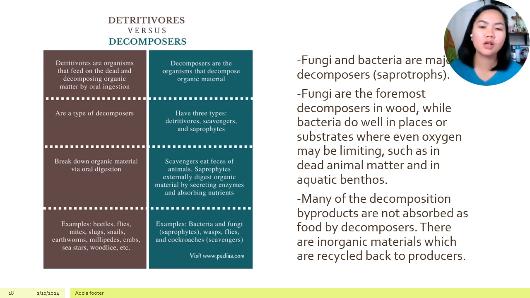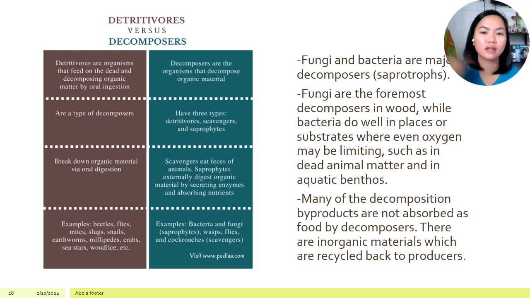And by the way, many of the decomposition byproducts are not absorbed as food by decomposers. There are organic materials which are recycled back to the producers. So not everything decomposed by the decomposers is used for their own nutrition. Just like with plants, not all of the food they make is for themselves.